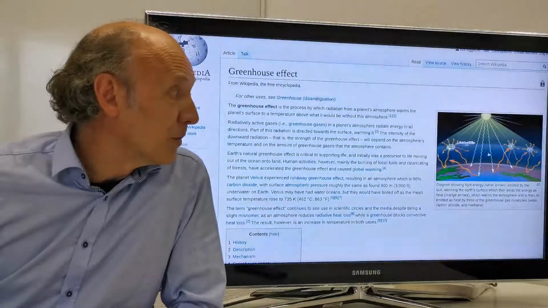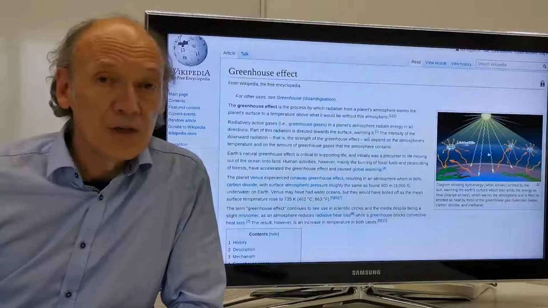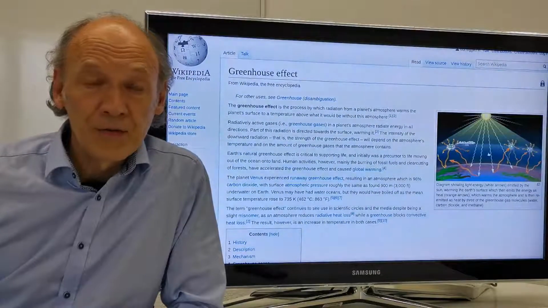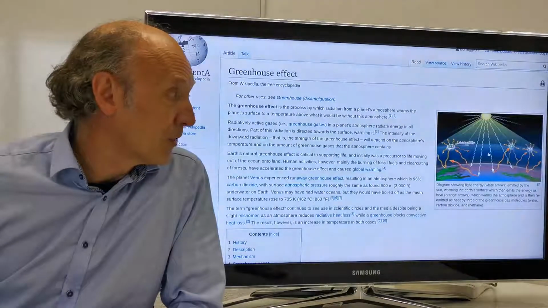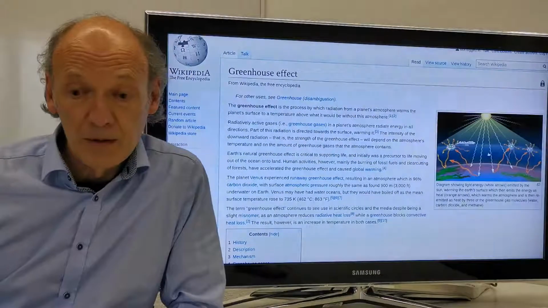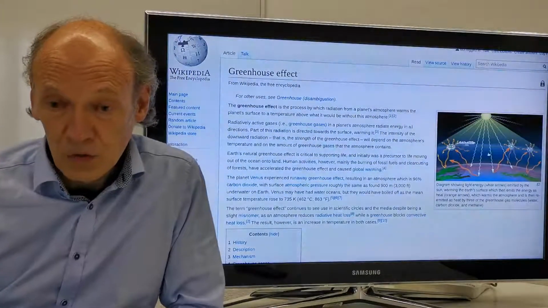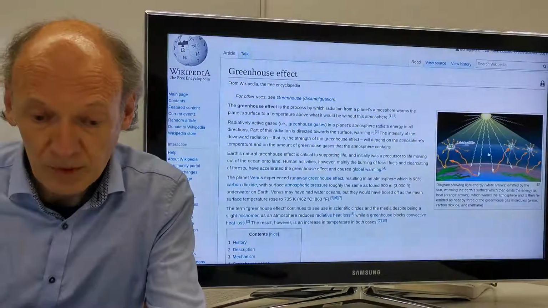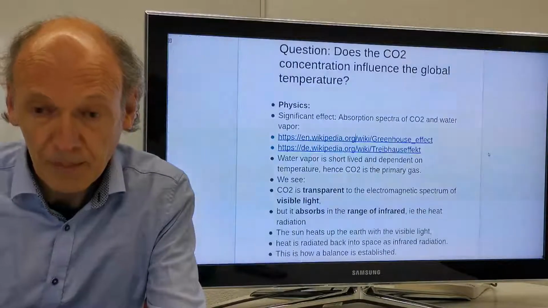And this wavelength in the infrared range is now more or less absorbed by the atmosphere, and in particular by CO2. So going back to our slides.